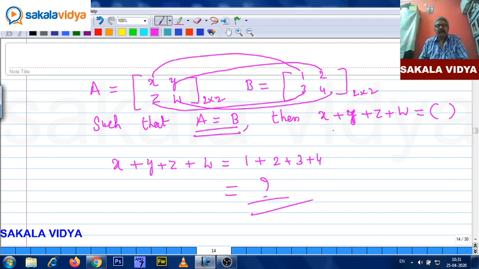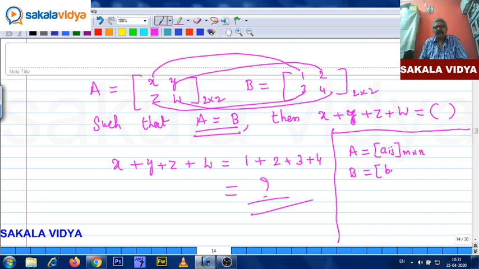Okay. Now we can say that A is equal to Aij of order m by n, B is equal to Bij of order m by n, and Aij equals Bij, corresponding elements are equal.